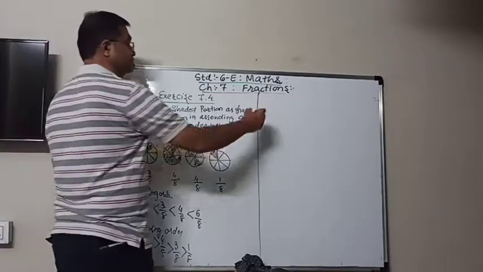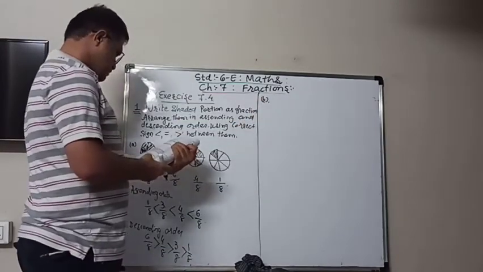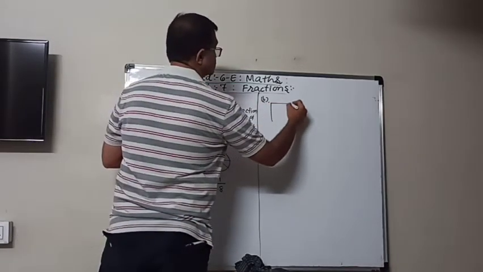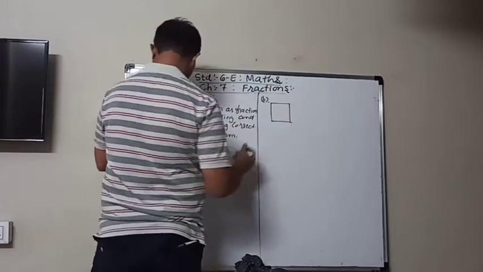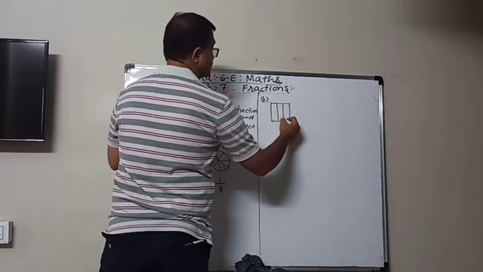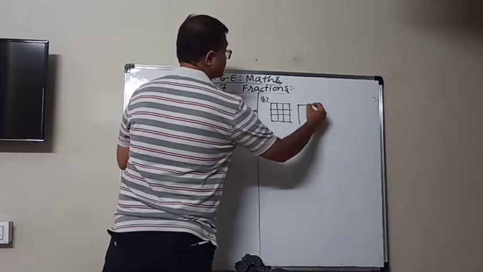In the second, B, also 4 squares are given, and they are divided into 9 equal parts.